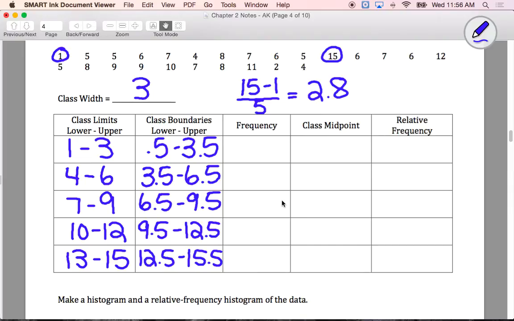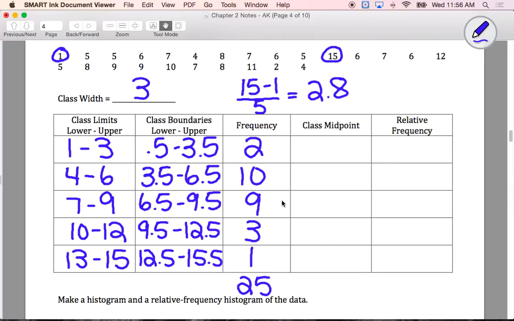For your frequency, you had to go through and count them. Your first group, you should have 2. Second group is 10. Third is 9. Fourth is 3. Last one has 1. That's a total of 25, which is what we need because we should have 25 numbers there.